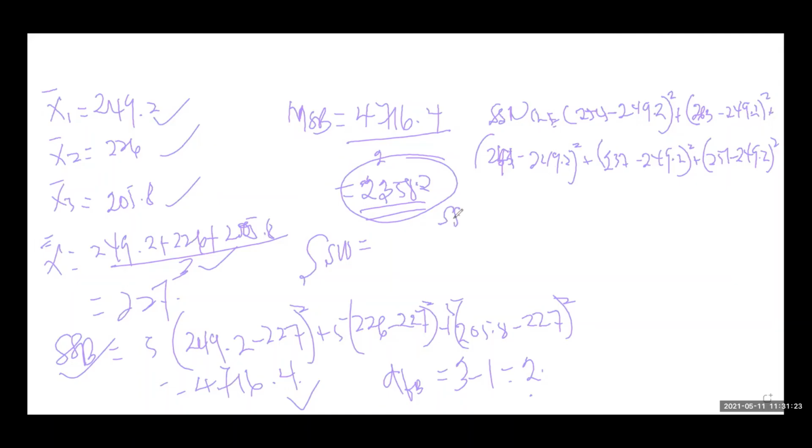Then I can also define the sum of squares for club 2 based on the xij's I have here. I have 234 minus 226, plus 218 minus 226, plus 235 minus 226, plus 227 minus 226, plus 216 minus 226, again squared.